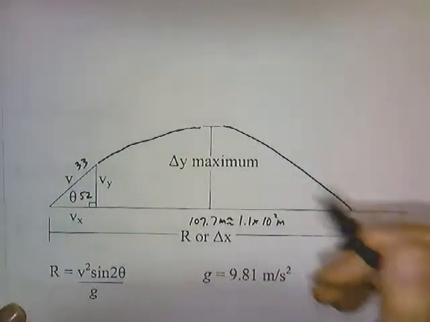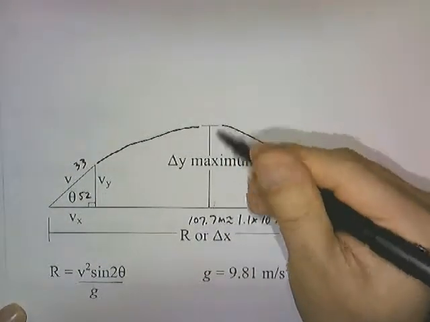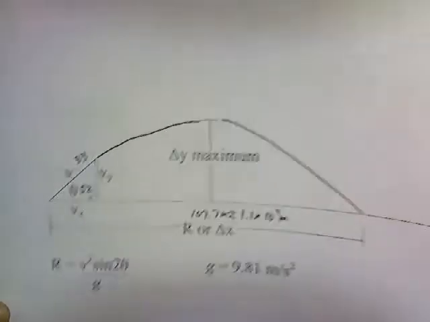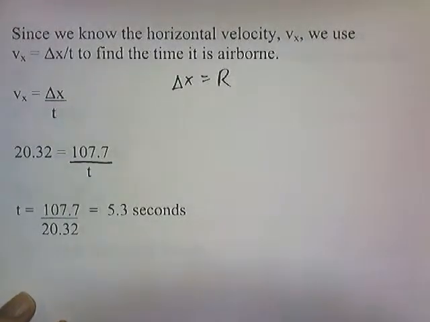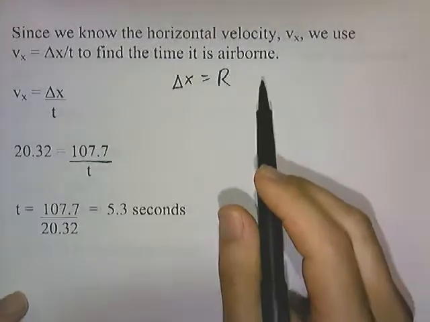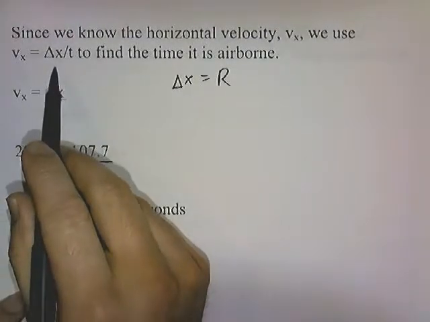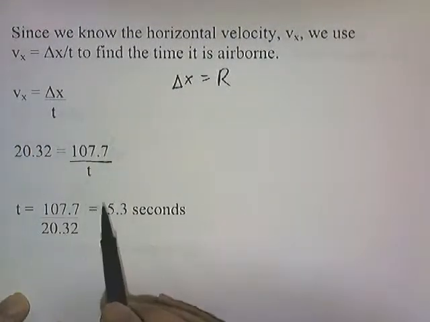Now we want to find the maximum height it reaches. Oh, we also want to find the time it's airborne. I'm sorry. We can use Vx equals delta x over t to find the time it's airborne.